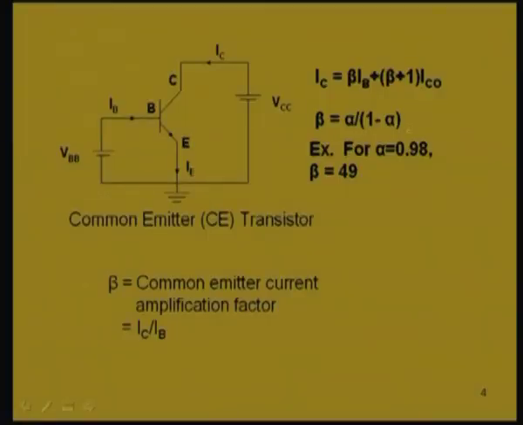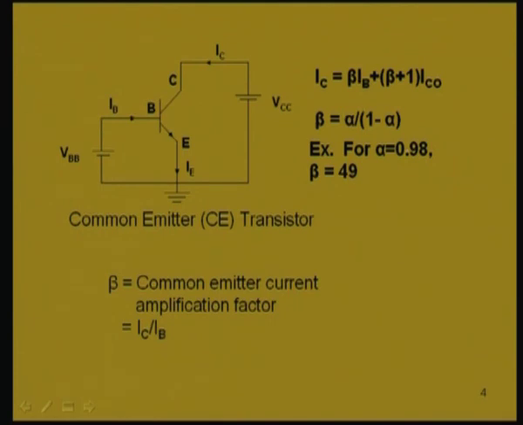For example, if we consider alpha equal to 0.98, a typical value for a transistor, then by substituting this alpha value in the expression for beta, the corresponding beta becomes 49. So, even for a small change of alpha, the corresponding change in beta is drastic. That means we get a much higher current amplification in common emitter than in common base, and this fact is very much utilized in building common emitter amplifiers.